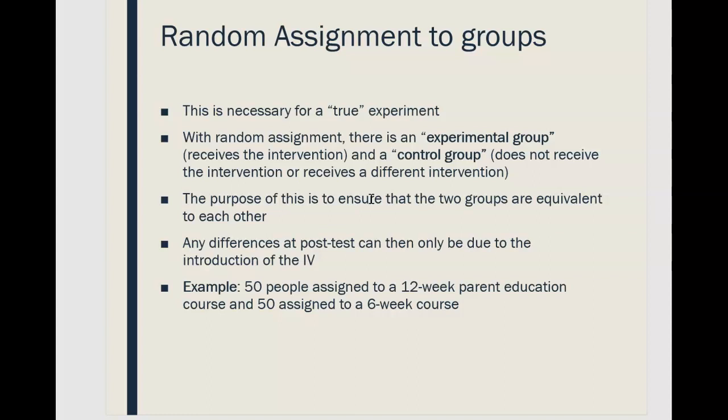People aren't opting in because there's a choice there. Who opts in, who doesn't, and what's the difference in those two groups? And maybe we can't say that that's not the reason for the change in the DV. So we're saying that hopefully the change in the DV is because of the intervention, that IV.